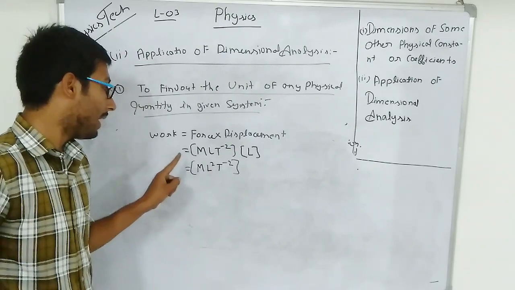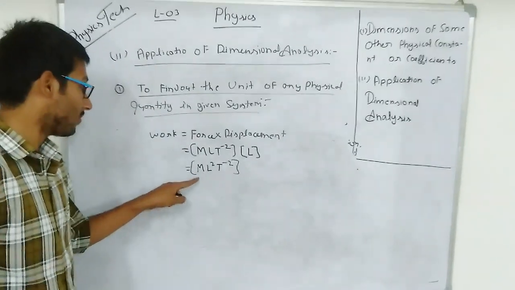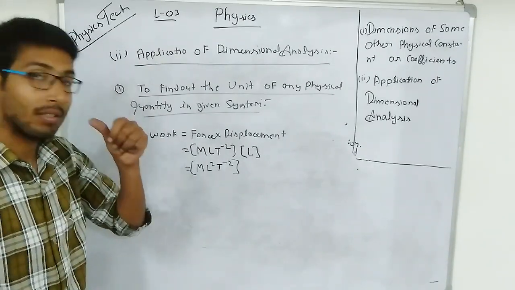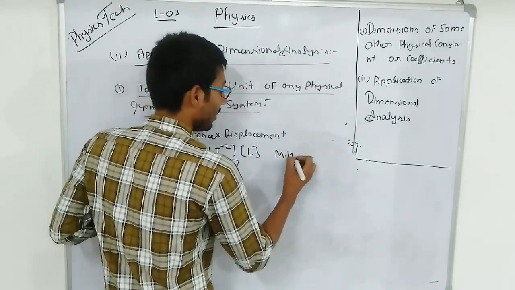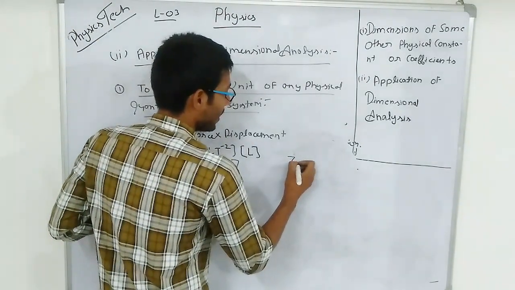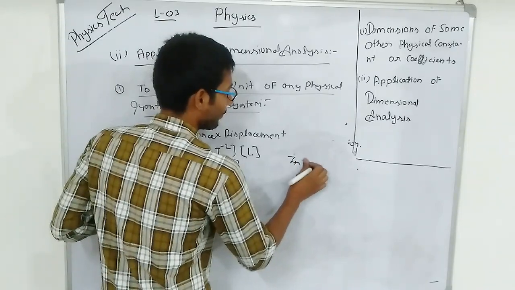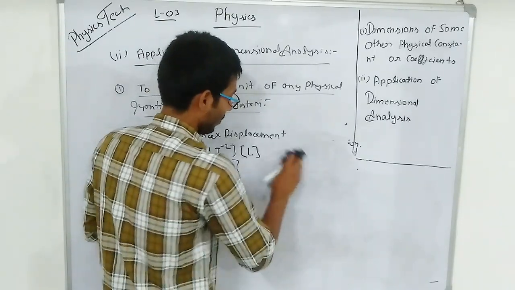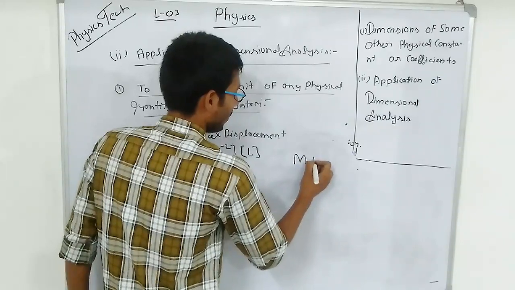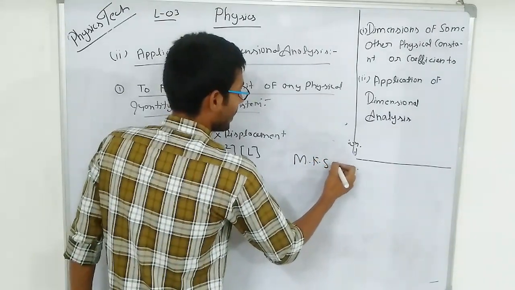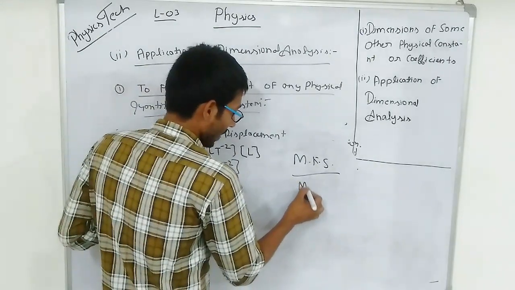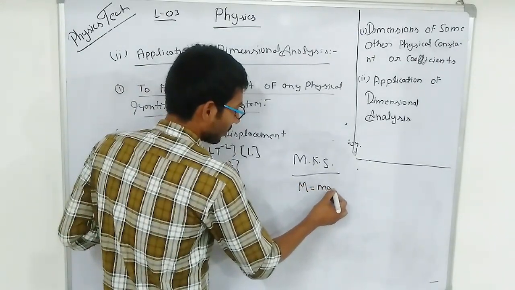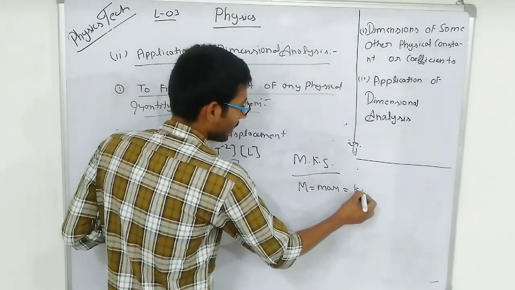Now in MKS system, M is equal to mass, which means kilogram.